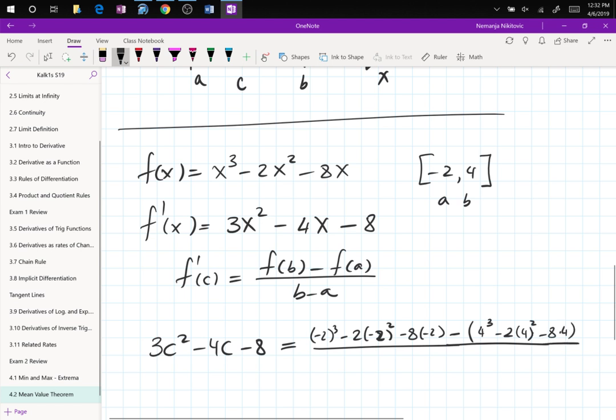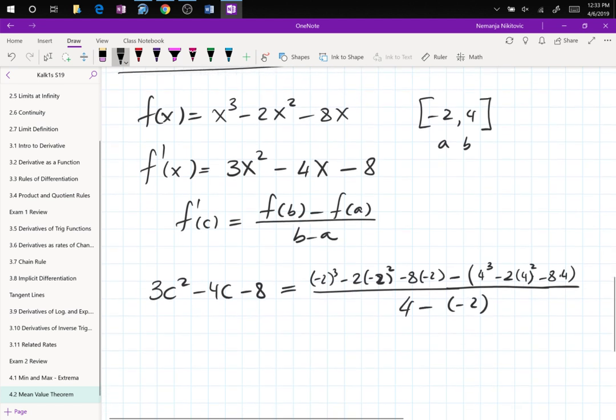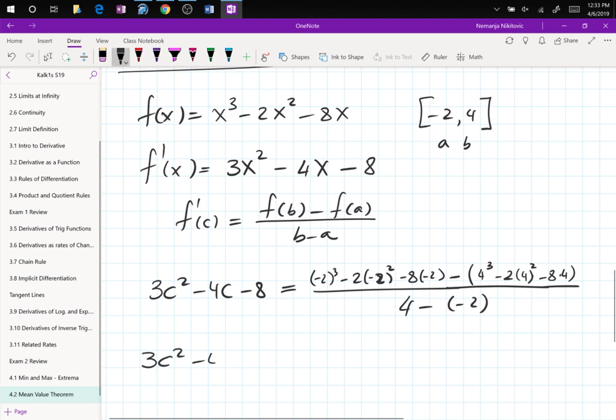There we go. Divided by 4 minus negative 2. And as you can see, the only variable you have is c. You can calculate. 3c squared minus 4c minus 8 is equal to, and now we have to compute all of this. Well, the bottom is 6.